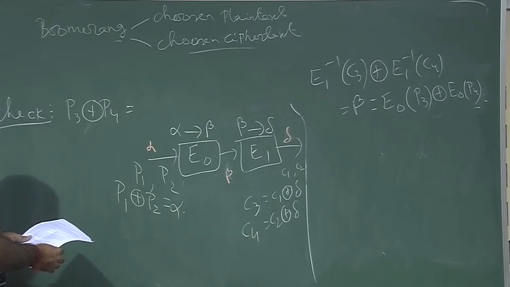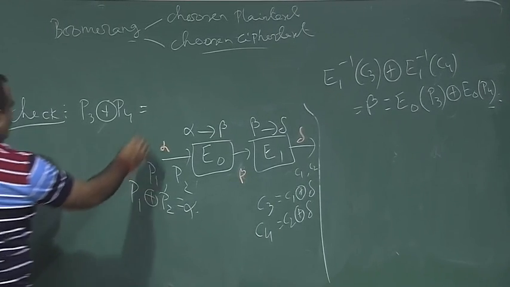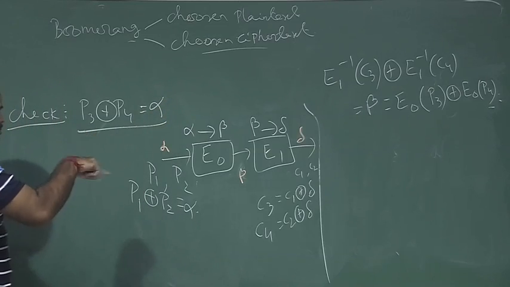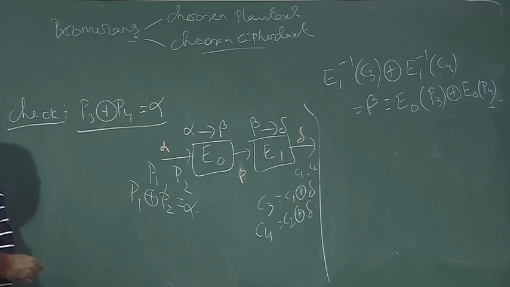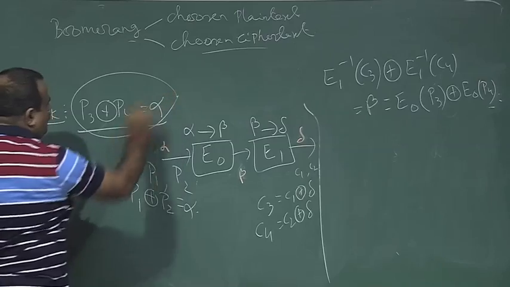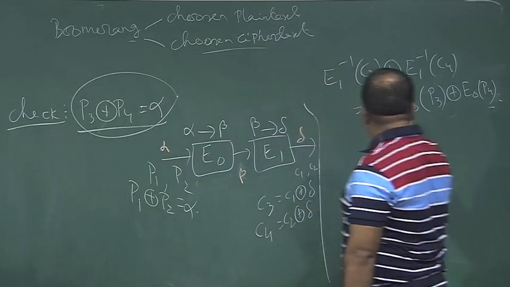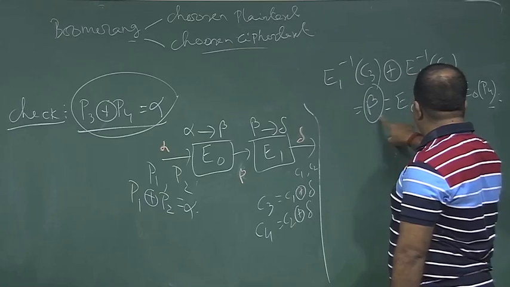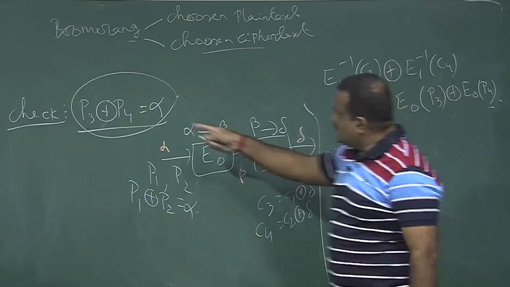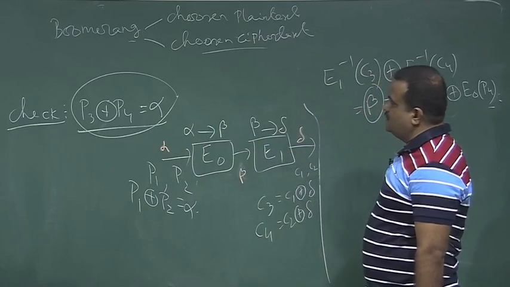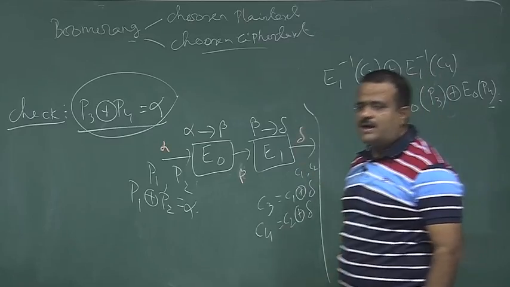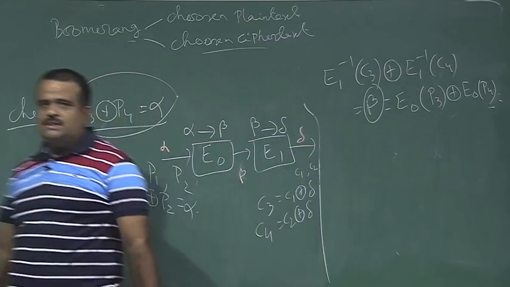So, we check if this is alpha, then we increase the counter by 1. We are expecting this to be alpha because we are choosing this delta. So, that means we should get beta here, and if we get beta, then their difference should be alpha. So, if we get alpha, then we increase the counter by 1.